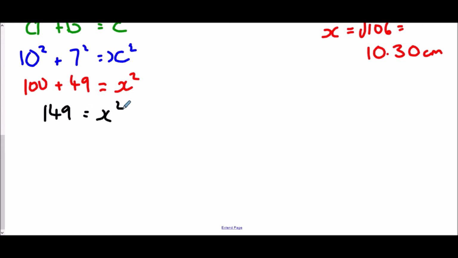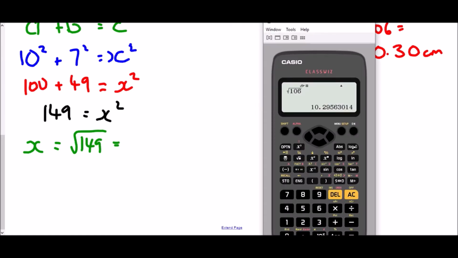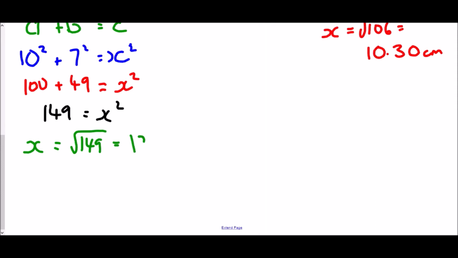So if I want to get x all on its own, I'm going to have to take the square root again. So x is the square root of 149, and again, grab the calculator. Square root of 149 is 12.21 centimetres.